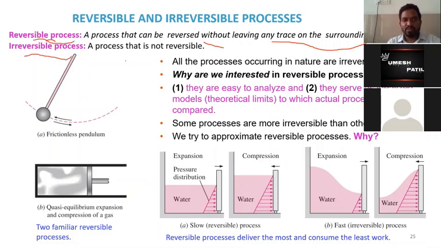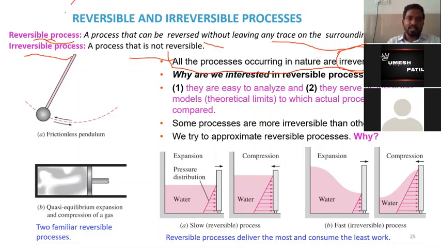Whereas an irreversible process is a process that cannot be reversed. Now, in real life, all the processes are irreversible. In nature, there isn't any reversible process. If all the processes are irreversible, then why are we studying reversible processes?